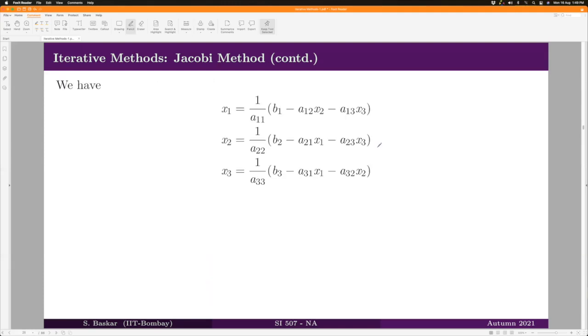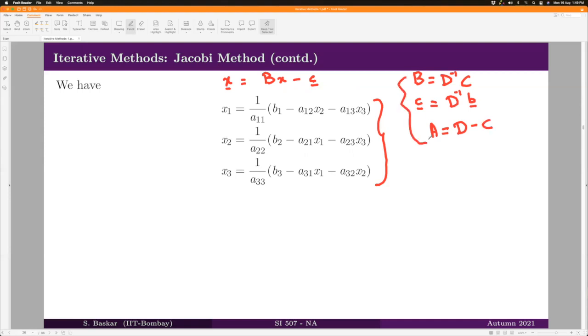What is that idea? We have rewritten our system like this. This is something like what we have written: x is equal to Bx plus c, right? Where B is nothing but D inverse C, and the small c is D inverse times the right hand side vector b, where D is the diagonal matrix and C is such that A can be written as D minus C, right?